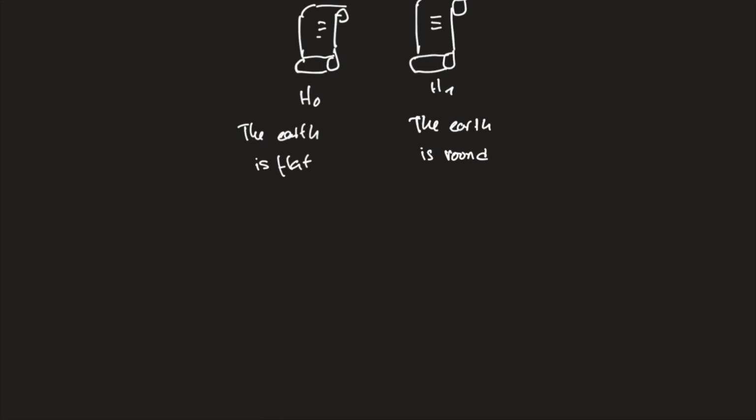We have the status quo, so we believe that the Earth is flat, and the second hypothesis is that the Earth is rounded, meaning the Earth is a sphere. And we want to run one experiment and prove that indeed the Earth is rounded, that we are going to gather enough evidence that actually dismisses the so-called null hypothesis, meaning the Earth is flat.